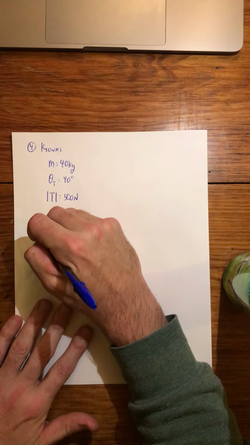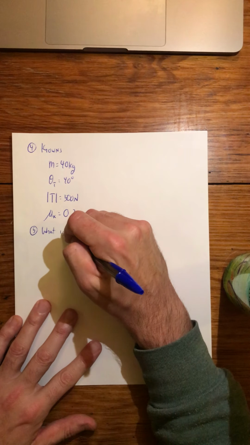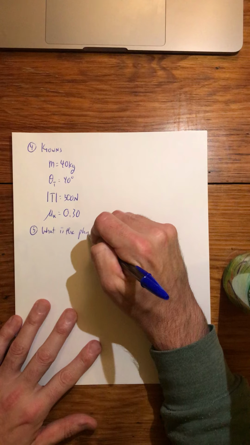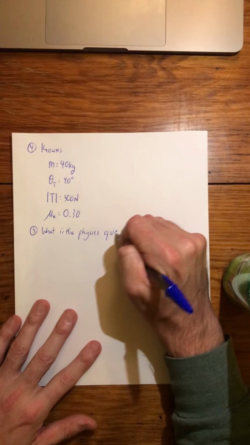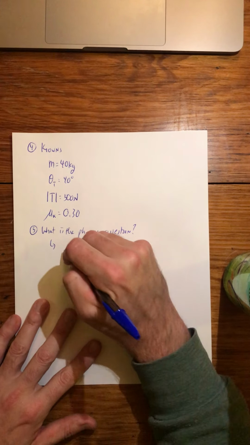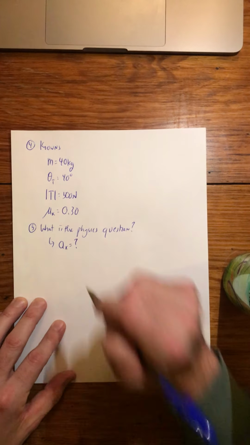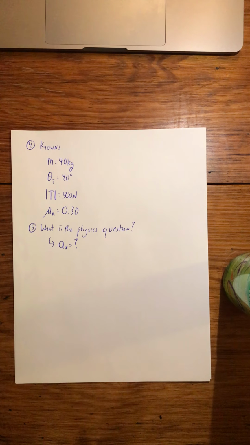The next step that we want to do is sort of think about what is the physics question. We talked about that a lot in our kinematics unit. This one's pretty straightforward. I want to know what the acceleration along the x direction is. Why not the y direction? Well, because this thing is not going to be accelerating in the y direction.